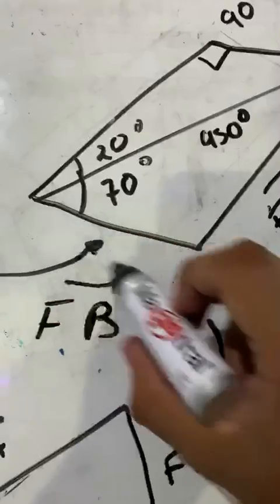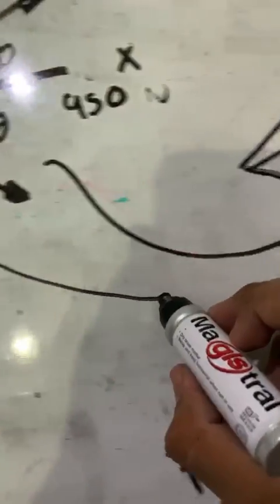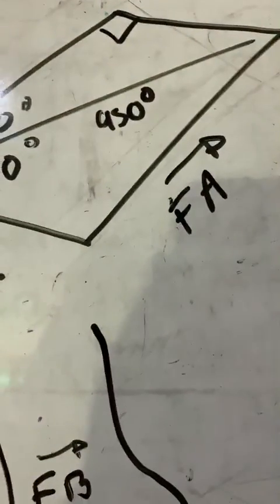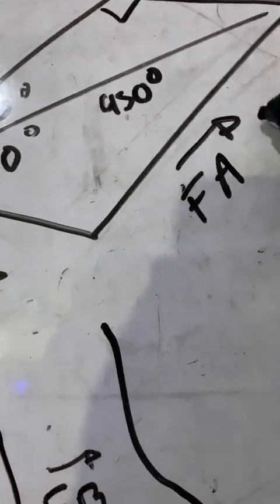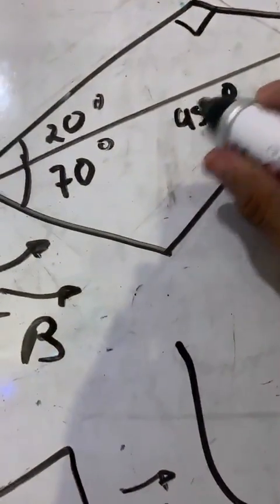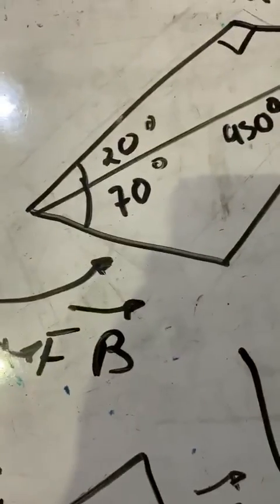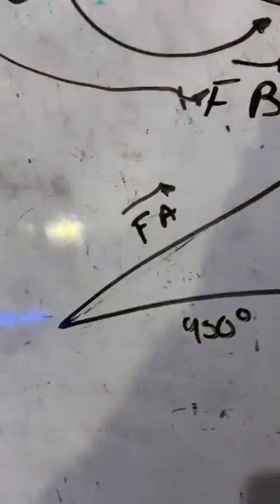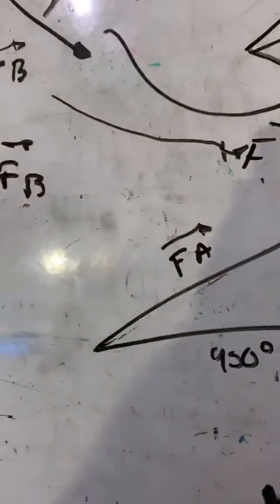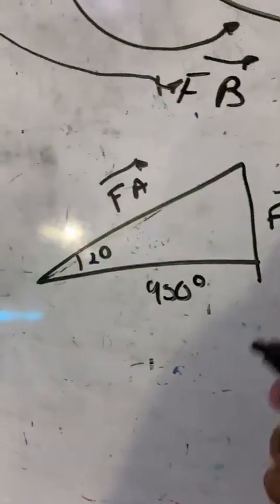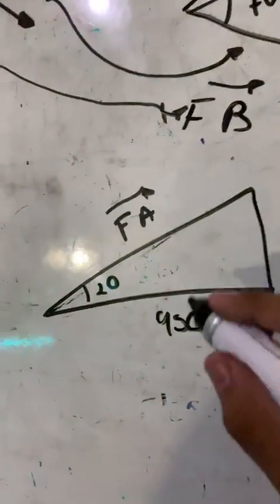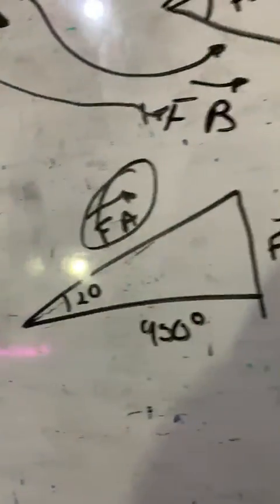We know that this is the force B, that is this one, and here we have the force A. But the difference here is that we don't know this, but we have the resultant force, and here we can apply trigonometric basis. So knowing this, we are going to use the trigonometric function to calculate this force.